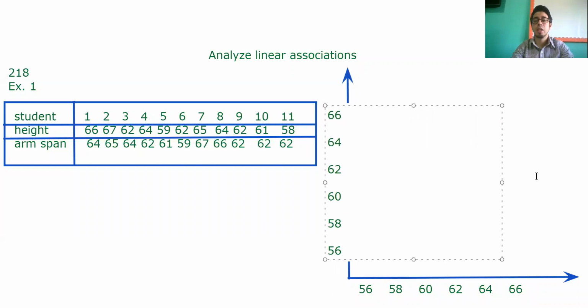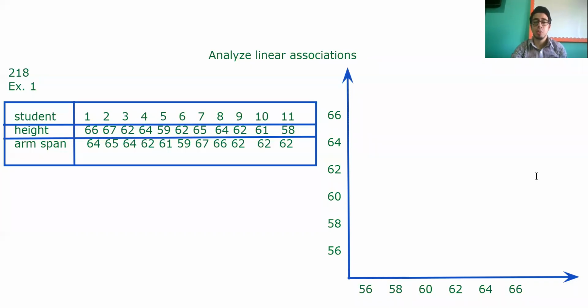Okay, and then what's the other part? I'm going to start drawing each point, okay? There are 11 points in this graph.